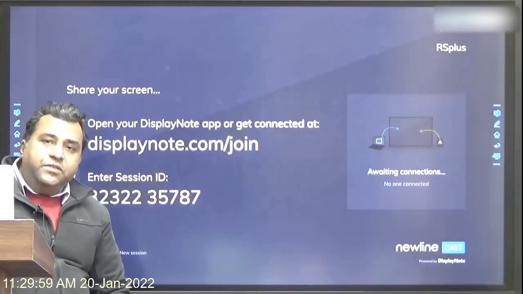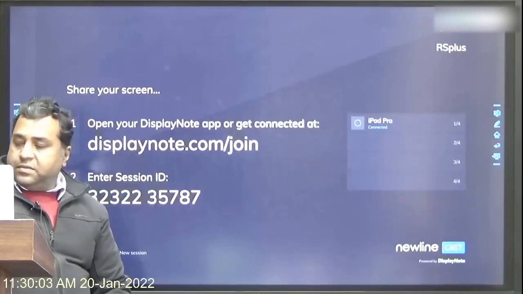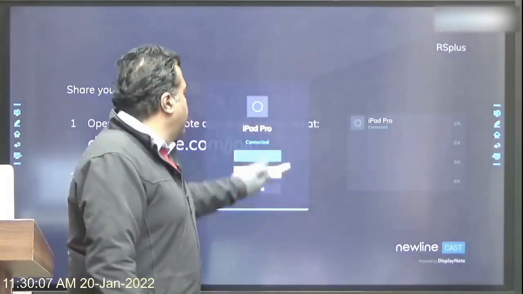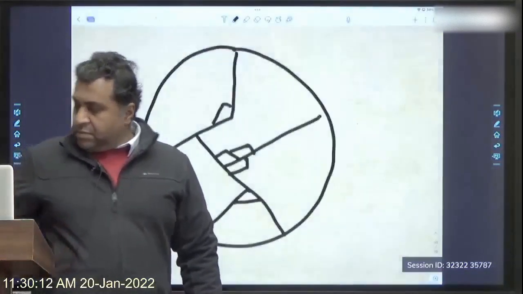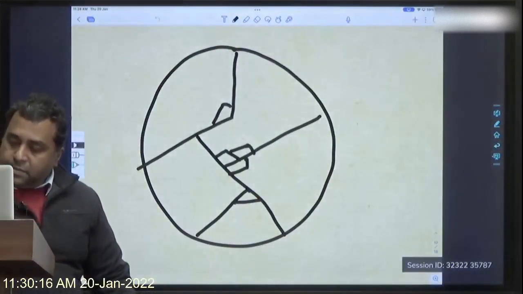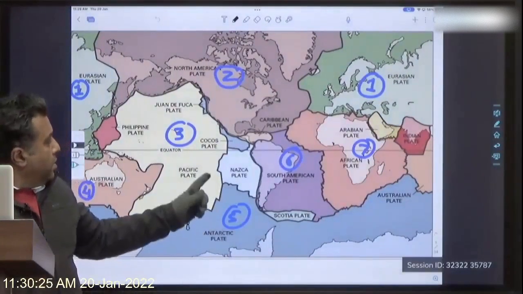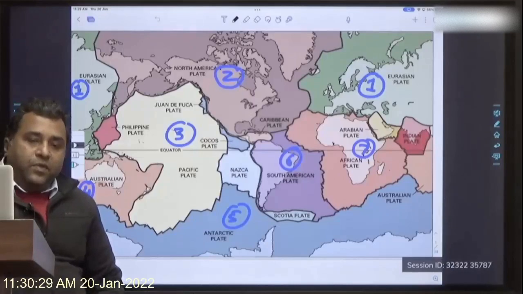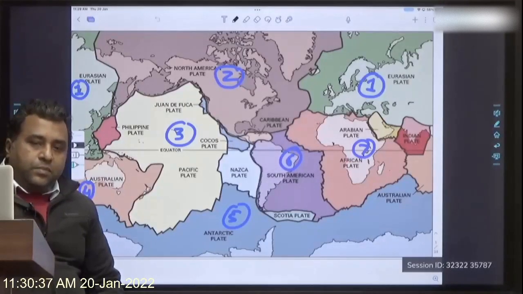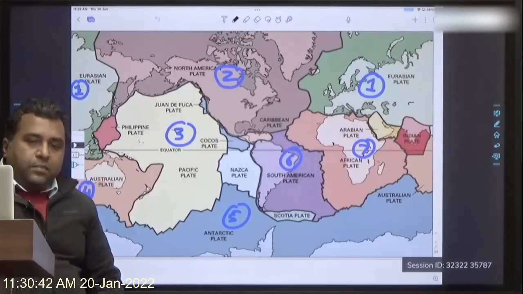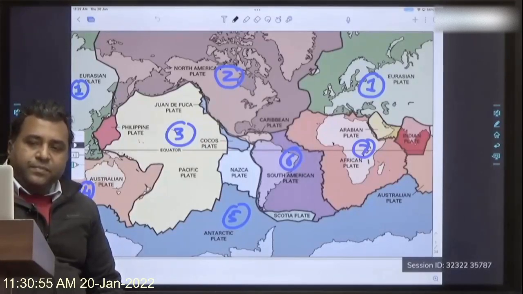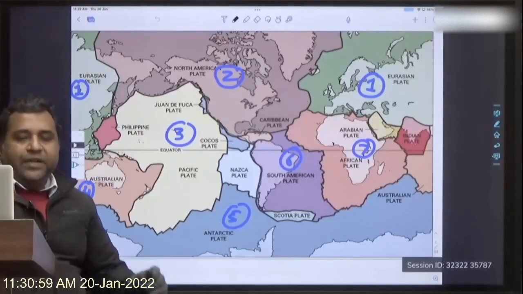Such as South American plate, North American plate, African plate, Eurasian plate, Antarctic plate, and Indo-Australian plate are all continental plates as per this theory.